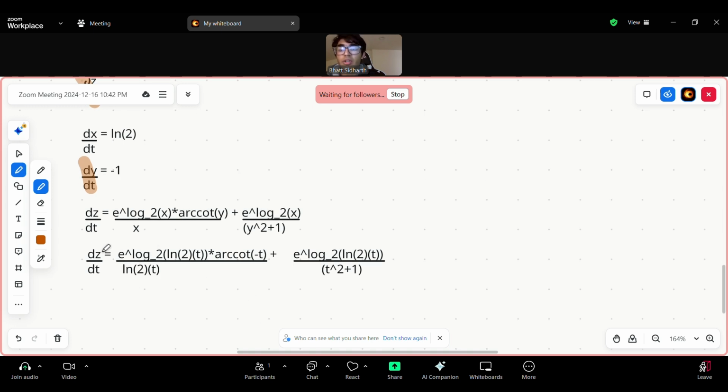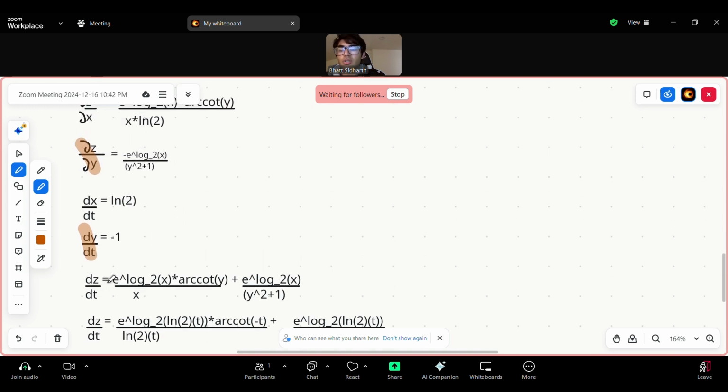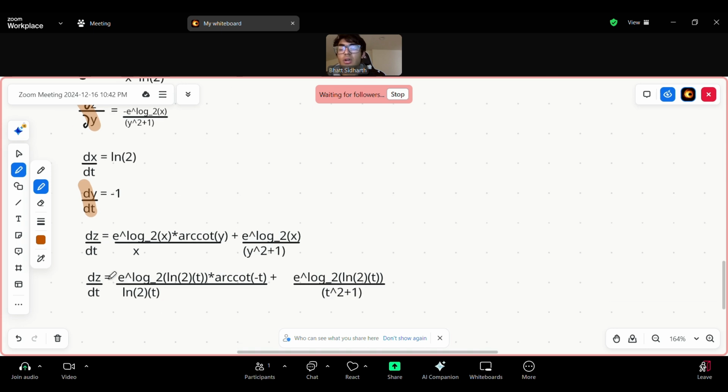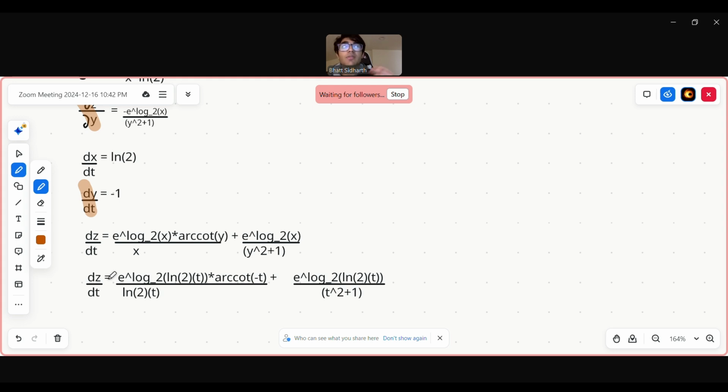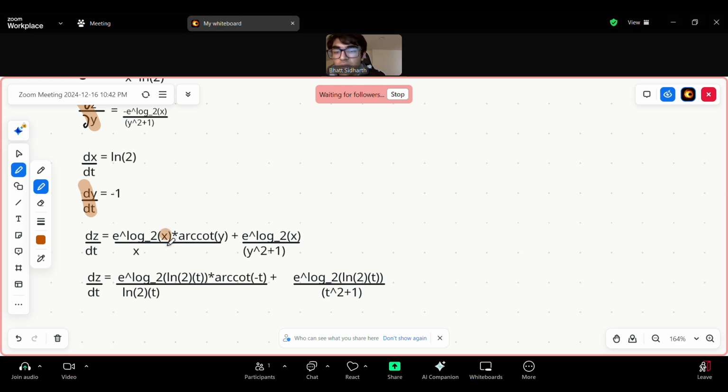And then we can simplify further, because we want our expression for the rate to be in terms of just t, because we want to see how much z changes in t, not how much z changes with x and y. So we have a bunch of x's and a bunch of y's, and we want to replace those with t's.